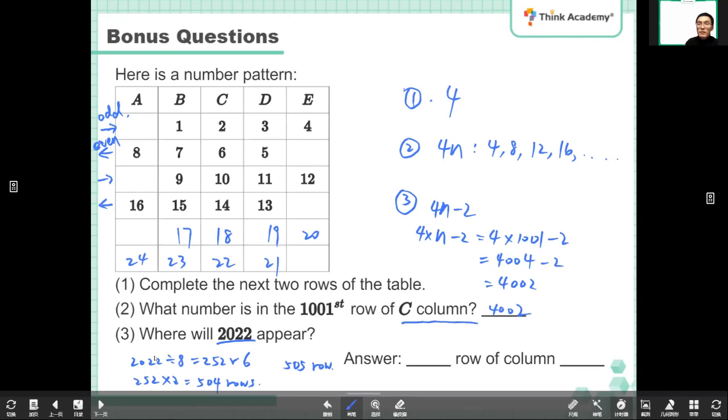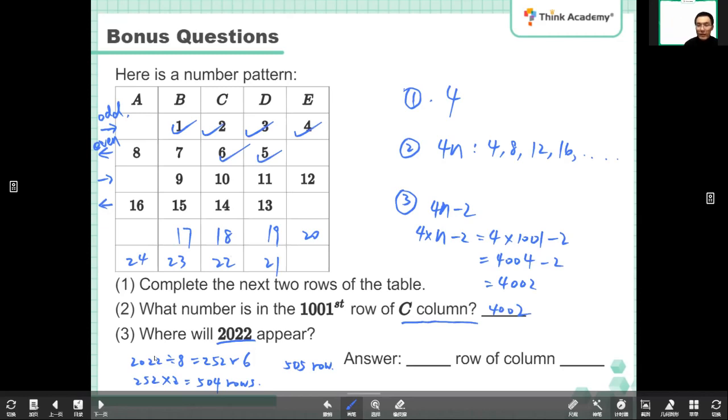And actually, you can just have a look at the first cycle, the 1, 2, 3, 4, 5, 6, 7, 8, to help you. We have 6 numbers. Let's put them in, starting with the odd number row always. So we have 1, 2, 3, 4, 5, 6.